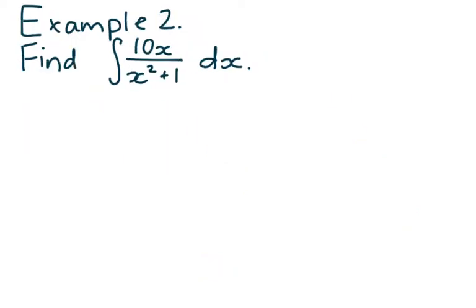The next one is looking at the integral of 10x over x squared plus 1. So the first thing we do is note the derivative of the denominator. The derivative of the denominator is 2x. And you can see that 2x is present in that 10x there.